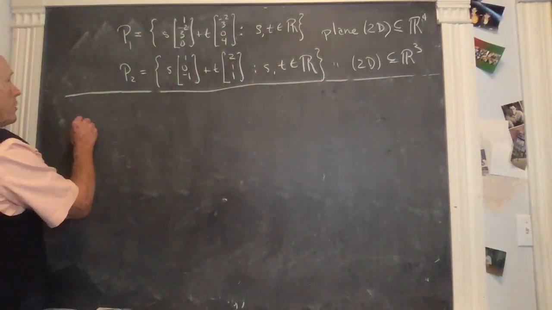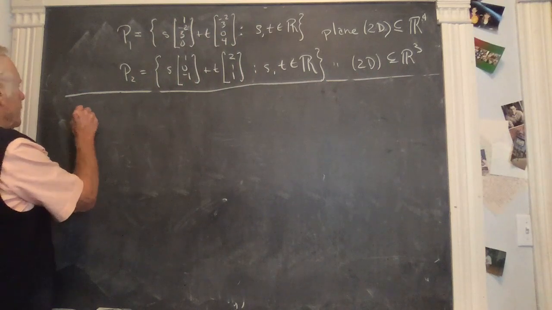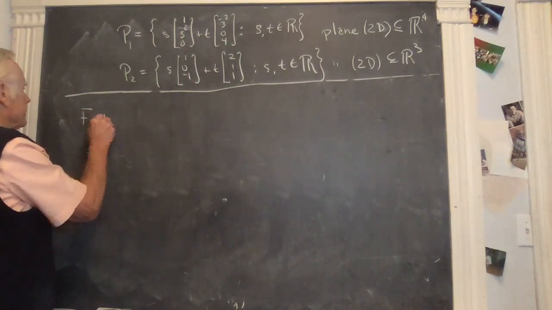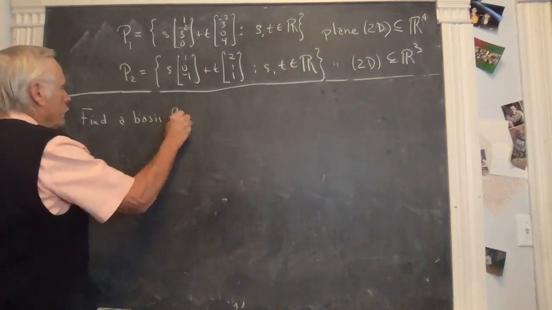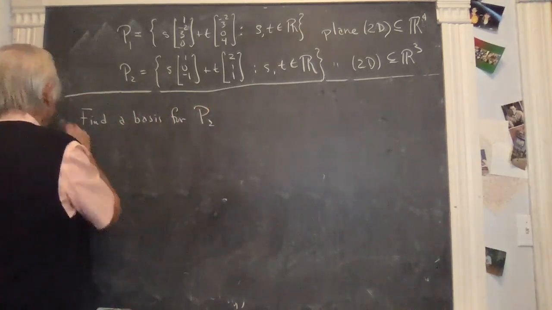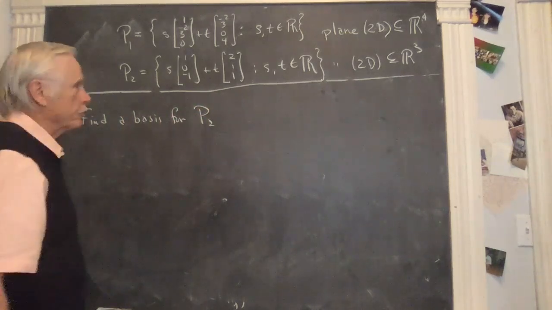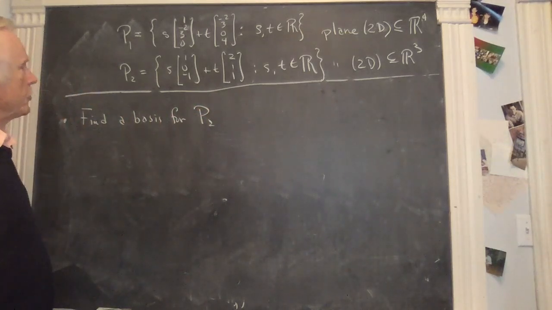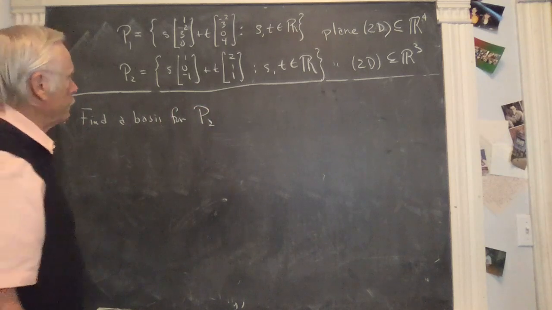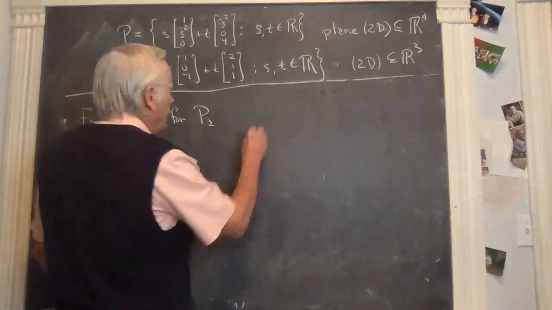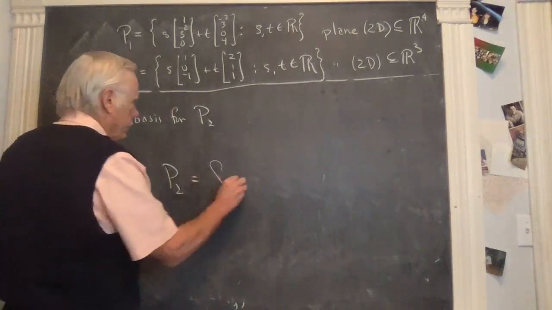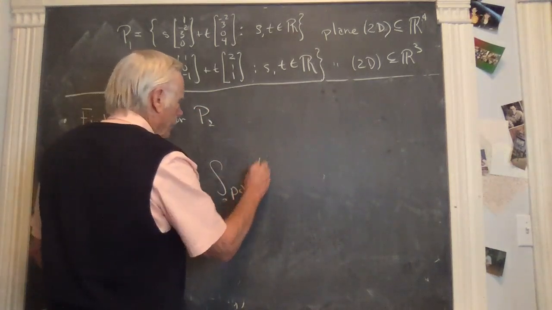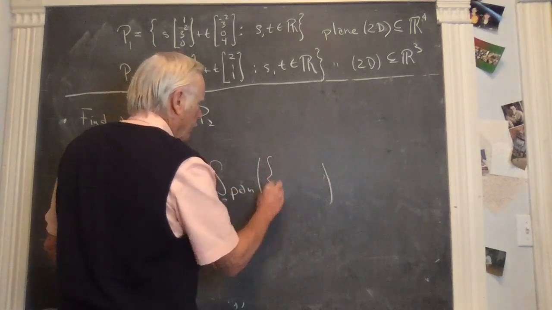So for example, find a basis for P2, or find a basis for P1. So for a basis for P2, in order to find a basis, you want to write P2 as the span of a collection of vectors.